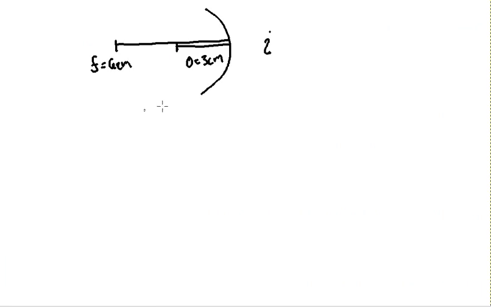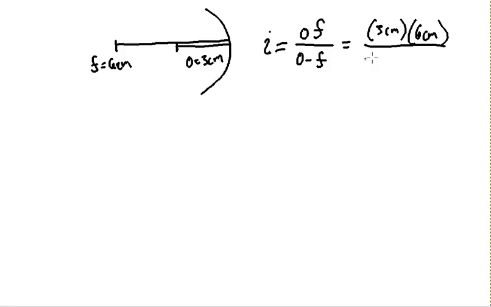Okay, so the image distance we already know: the product of the object's distance times the focal length, divided by the difference of the object's distance and the focal length. So we have 3 centimeters times 6 centimeters divided by the difference between 3 centimeters and 6 centimeters.